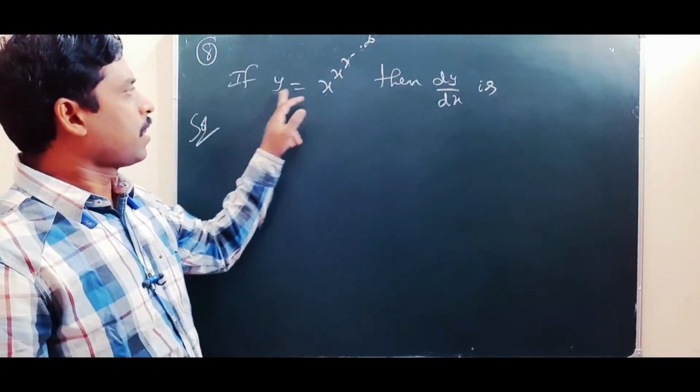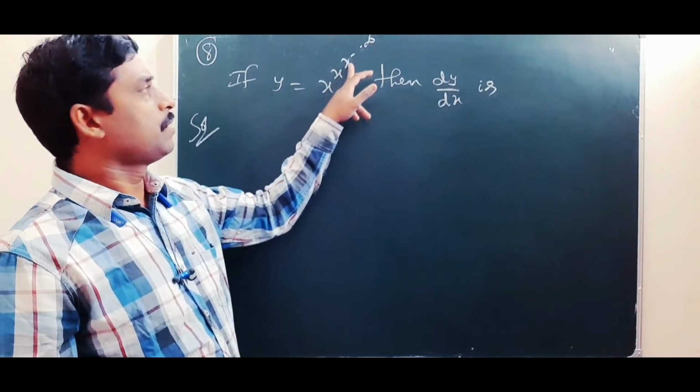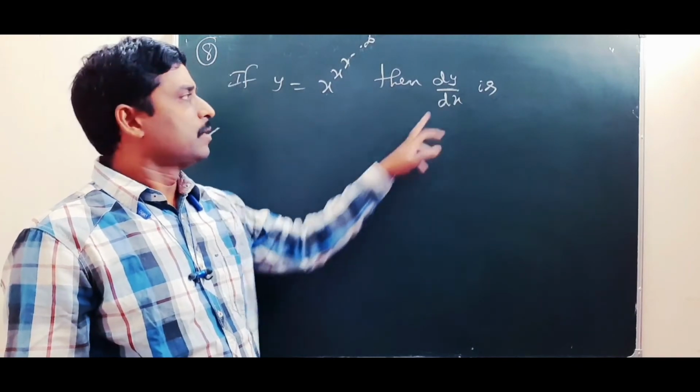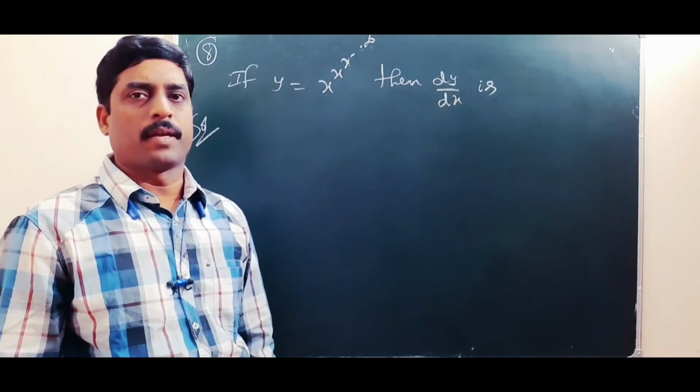So y value is given as x to the power x to the power x up to infinity terms. Then we have to find dy by dx.